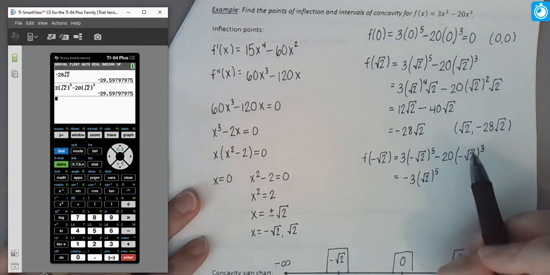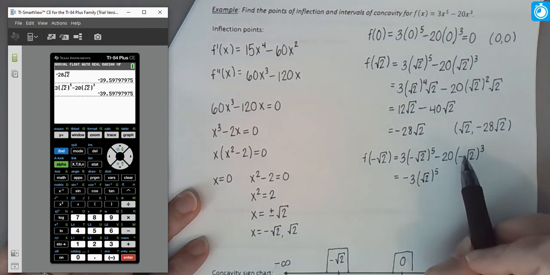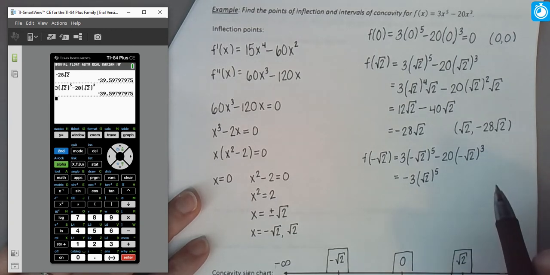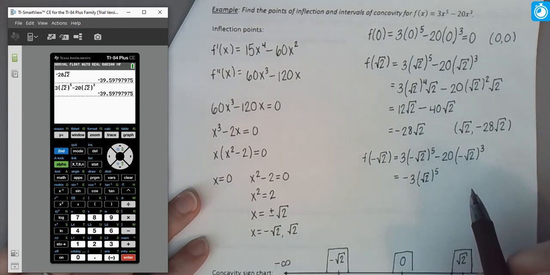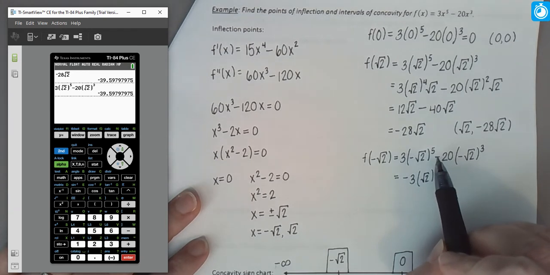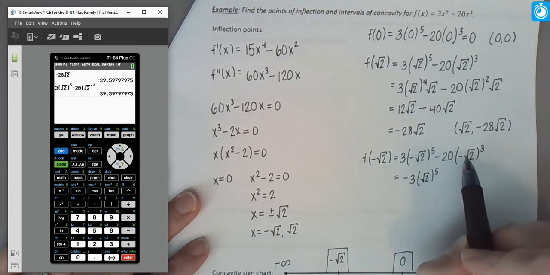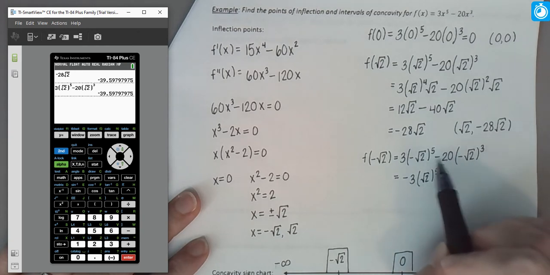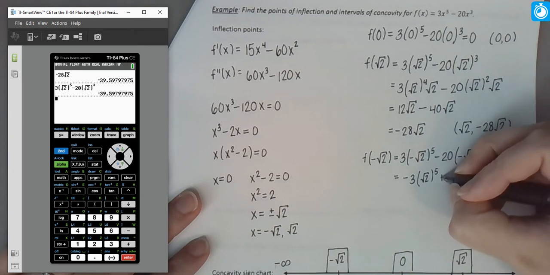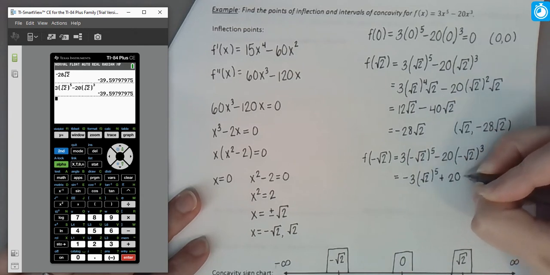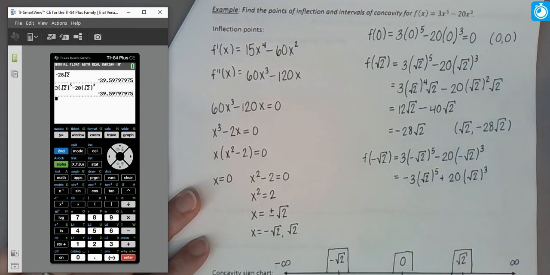Now for the next one, negative root 2 to the 3rd. Again, think of this like a negative 1. Negative 1 cubed is still going to be negative. So that'll flip our sign here. So the term itself was negative, but when we take this negative 1 and cube it, it remains negative. So that double negative is going to combine and turn this term positive. So plus root 2 cubed.